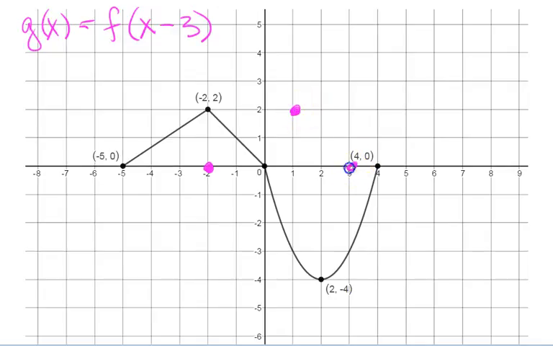Well, the way that I think they should. So if we subtract inside the parentheses, then we're going to move to the right, not to the left. Like so. So this is our inside the parentheses change with f of x minus 3.